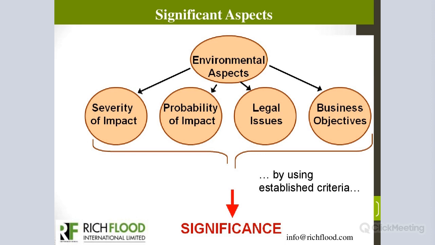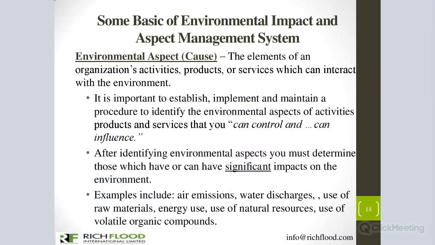You need to know the gravity of the impact, the probability of the impact occurring, what are the national legal issues available concerning that very environmental aspect, and what are the business objectives. Having examined all this, then you can come up with the significance of these environmental aspects.